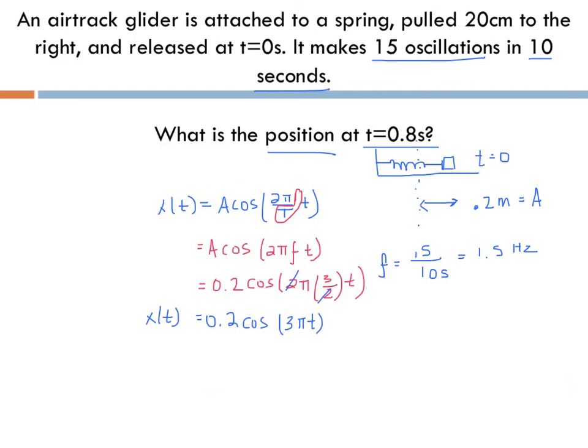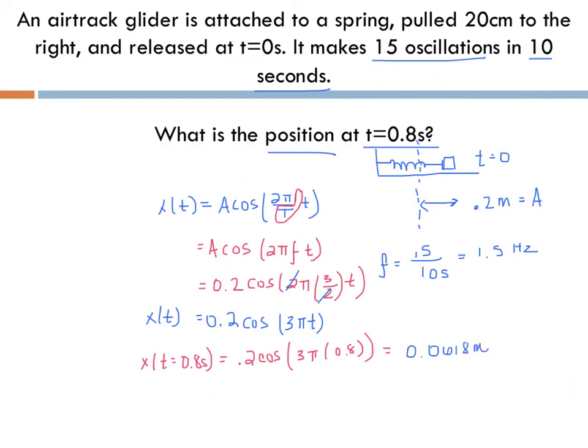So what we want to do is evaluate this equation at t is equal to 0.8 seconds. So here we're just plugging in information. So we get a position of 0.0618 meters.